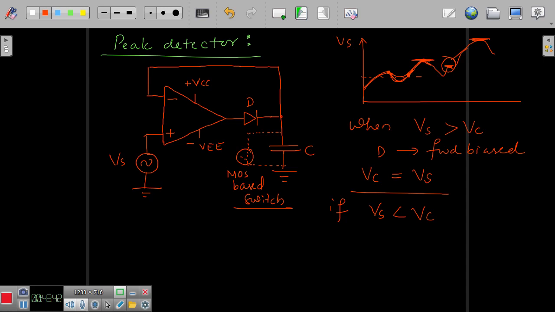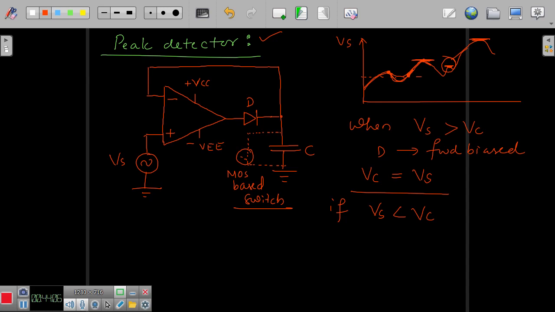So this is the working of the peak detector. Of course, it is not there in your curriculum, it is beyond the curriculum, but this is a very important component, because there may be so many practical examples of the peak detector which can be realized with the help of such simple circuits or such simple designs.